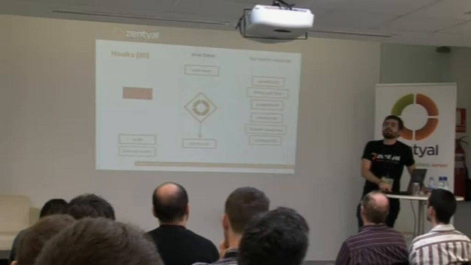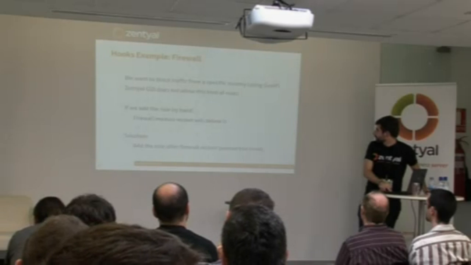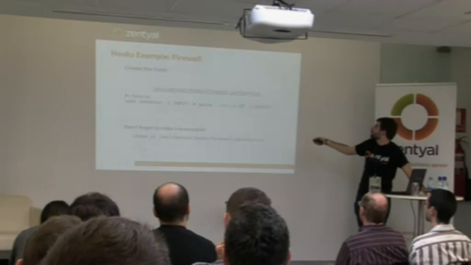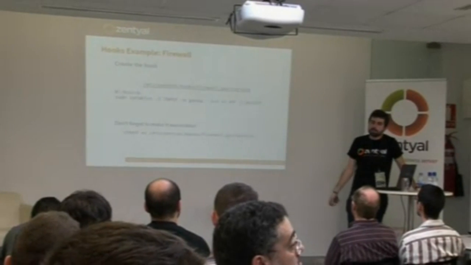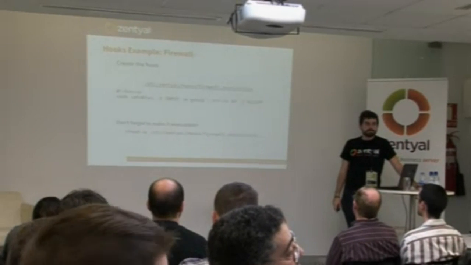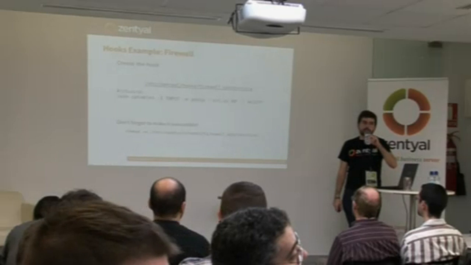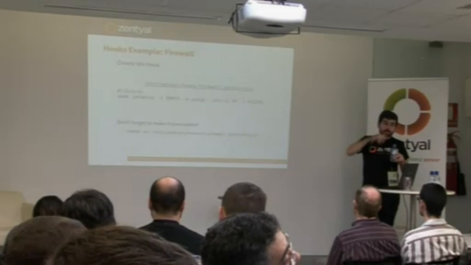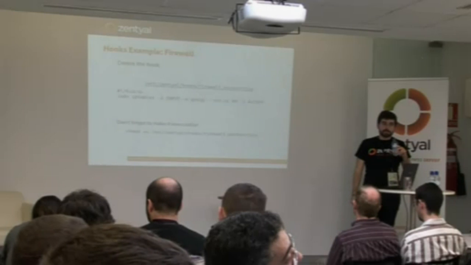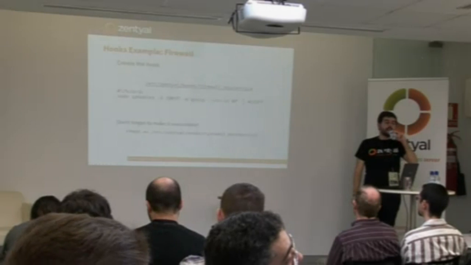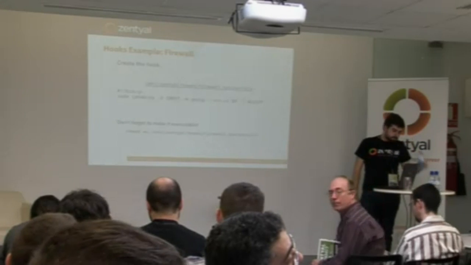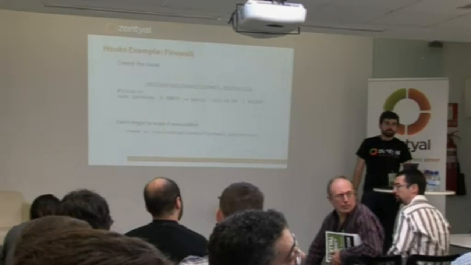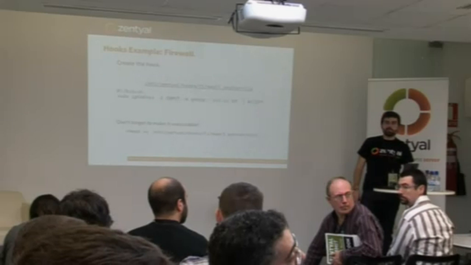No, I was thinking about this slide. For hooks, you have to use the name of the module. It is the internal name of the module. When you instantiate the module in the constructor, you pass an attribute that says name firewall. But in 100% of the cases, it is the same as the name of the package without the Zentyal part in the front.